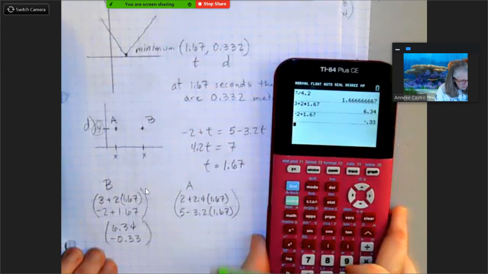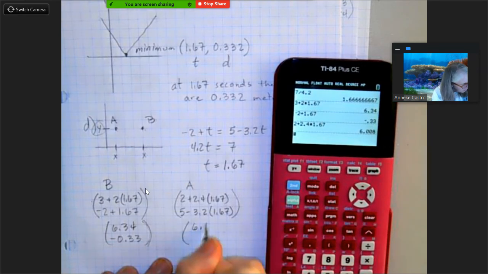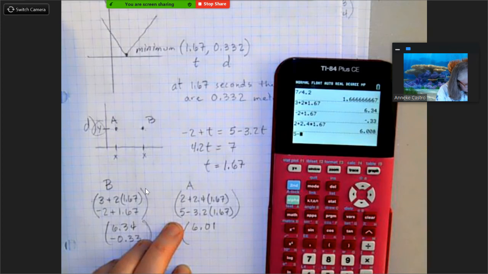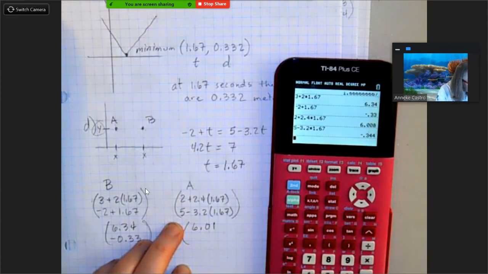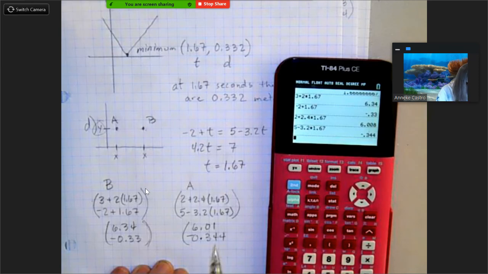And boat A, where is it going to be? 2 plus 2.4 times 1.67 is 6.01. And then the last one, 5 minus 3.2 times 1.67 is -0.344.